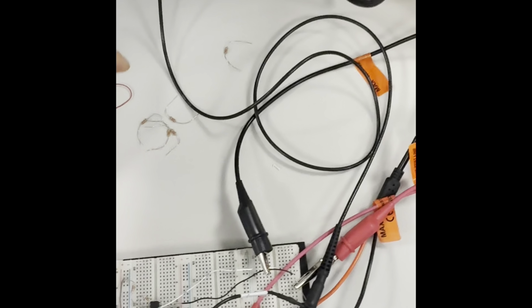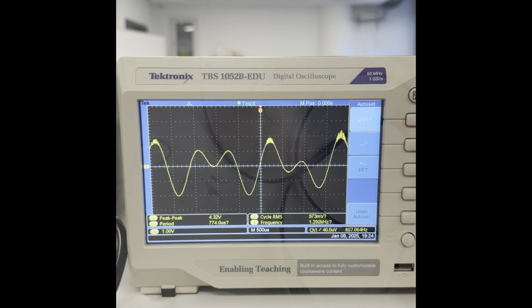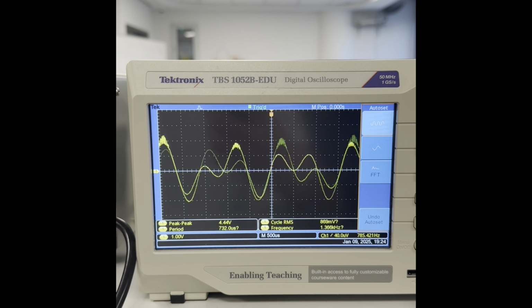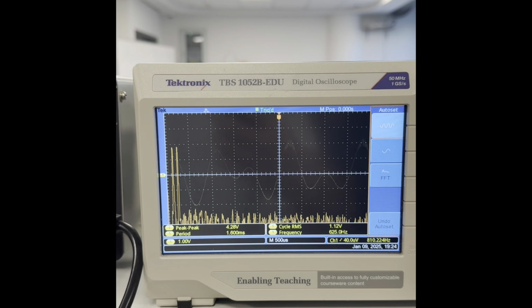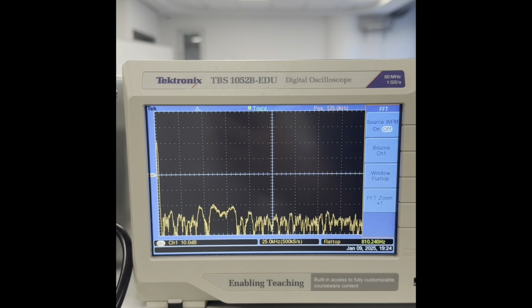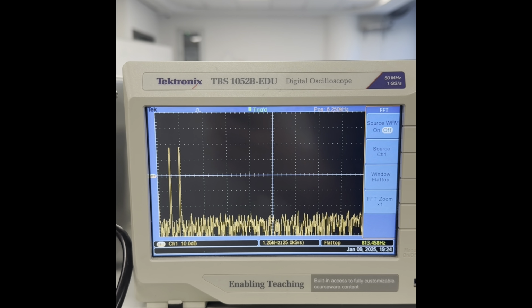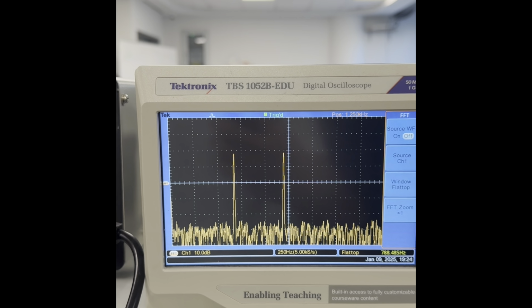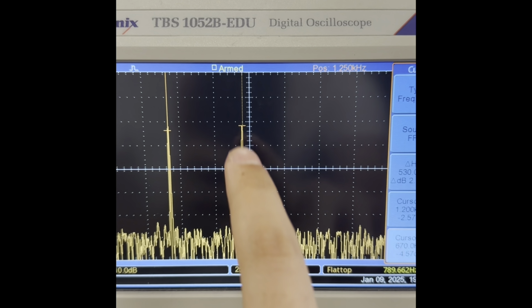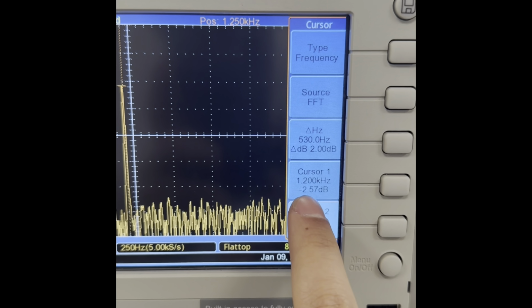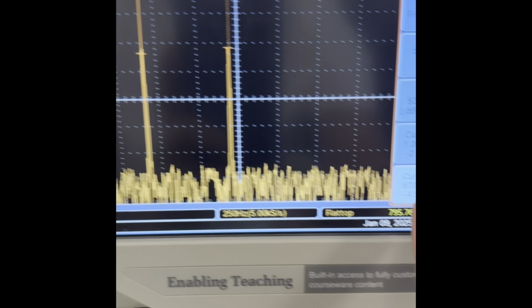This is for number 1, and this is the sinus waveform on the output voltage. And this is our frequency, and this one is peak 1, and this is the peak 2.